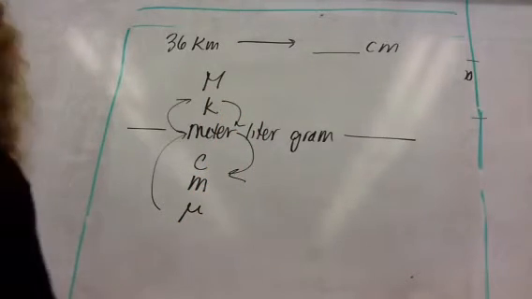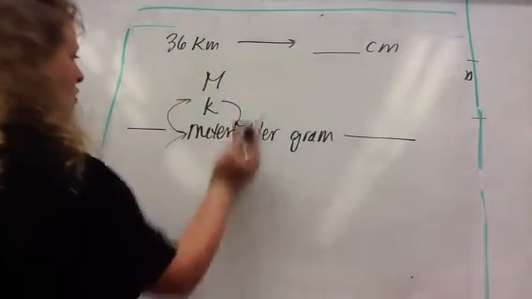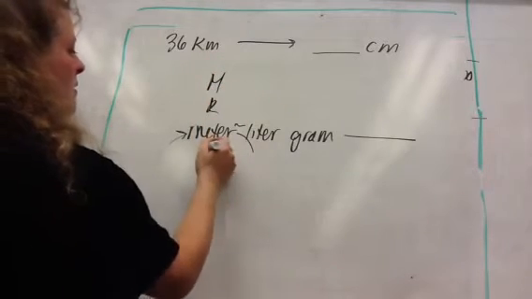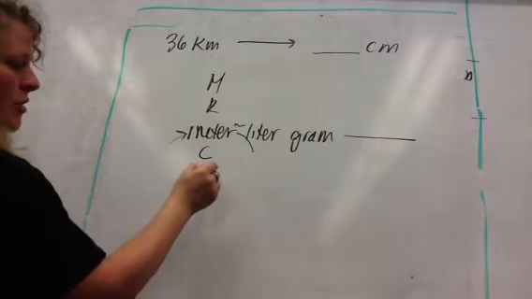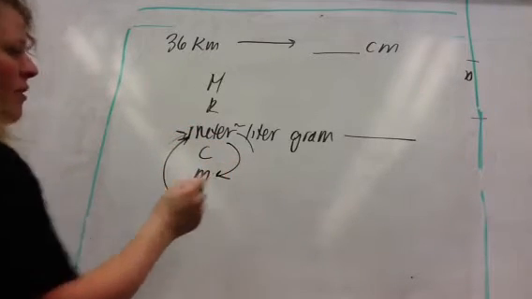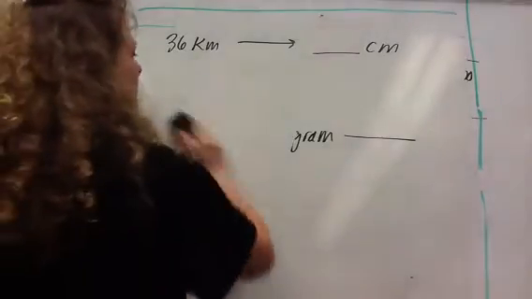It actually makes it easier, even if you're going from a small unit to another small unit, you can still go through the base unit. And it actually simplifies the relationship.